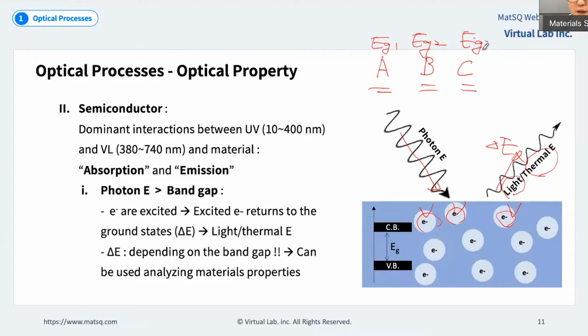So what if we can measure this energy difference for A, B, and C? What can we get from here? We can distinguish A, B, and C through this energy. This feature is a very important concept in optical processes.